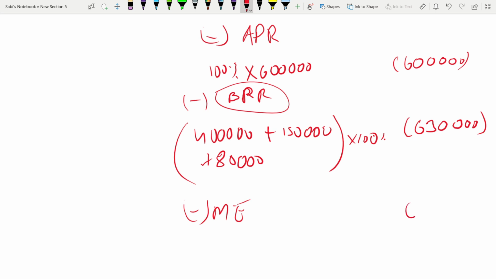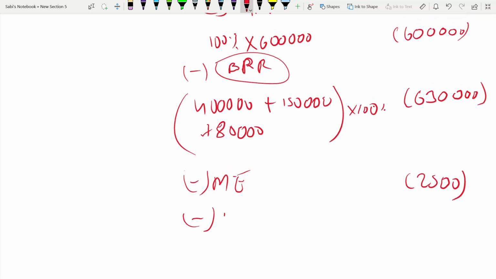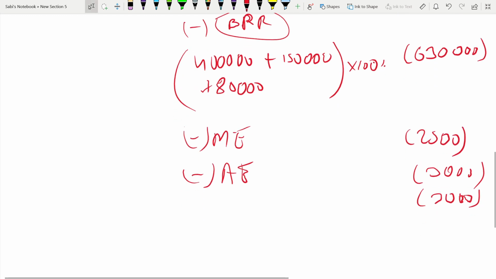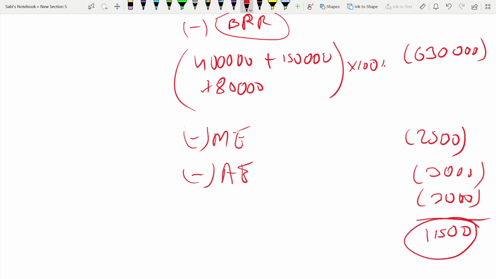These limits were there in the previous lecture. Then we have annual exemption, current year and previous tax year. So 3,000 and 3,000. Annual exemption comes at the end. Then we have 11,500. So this is your gross chargeable amount.